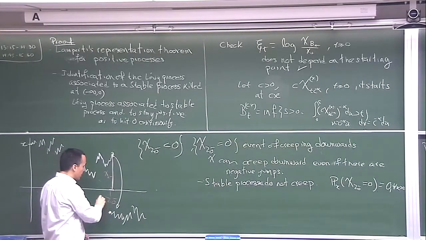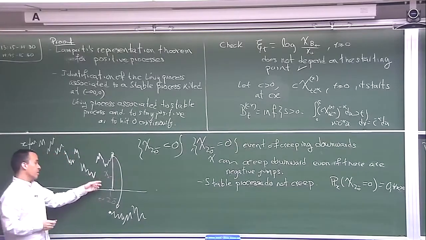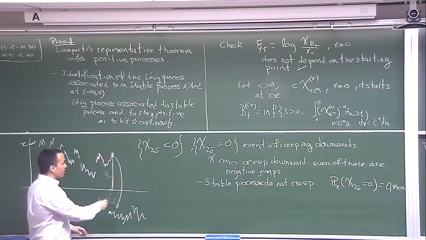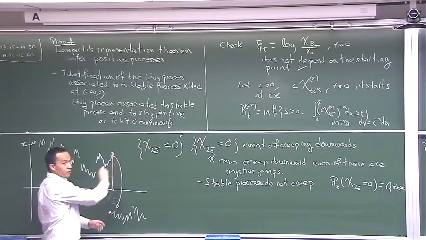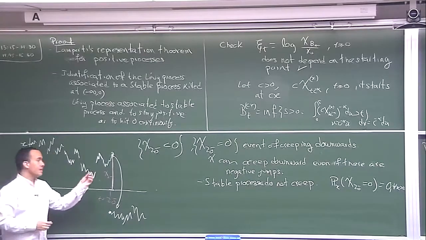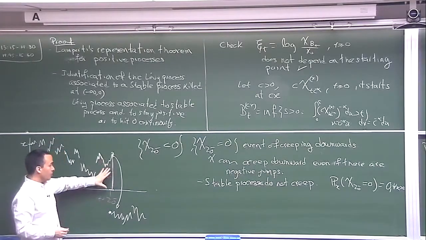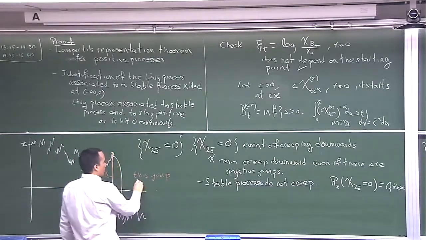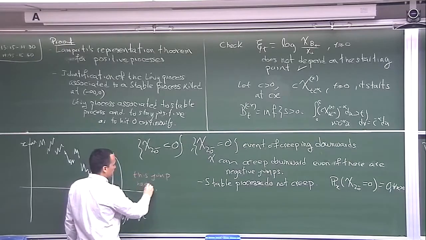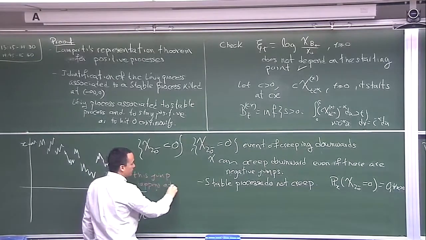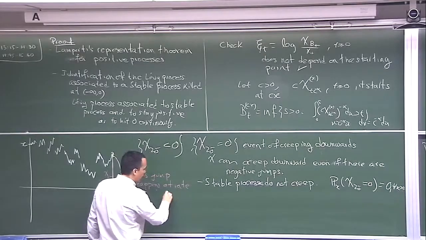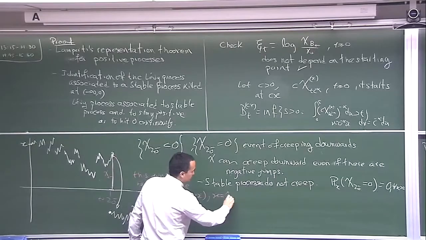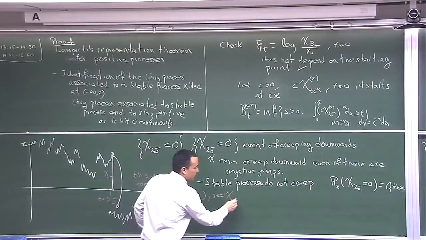So if this happens at time little t, the jump is necessarily bigger than this position here, okay? Instantaneously, this jump happens at rate pi of minus infinity minus x, where x is equal to x t minus.